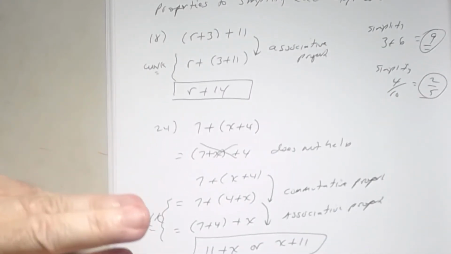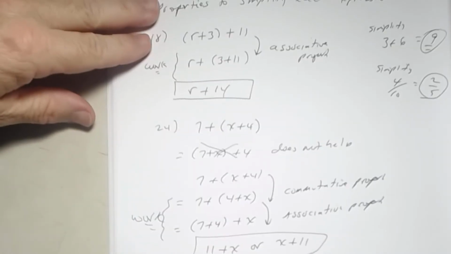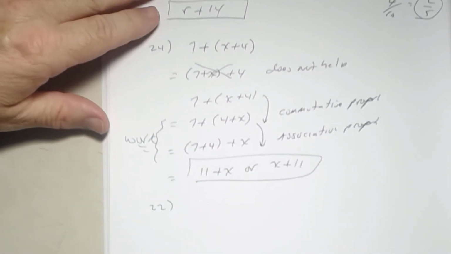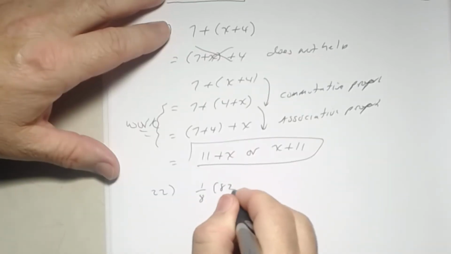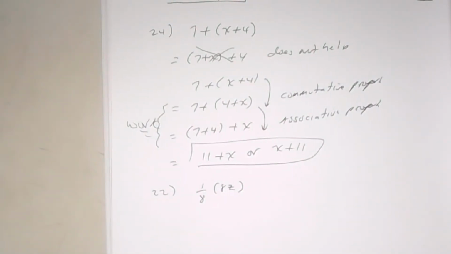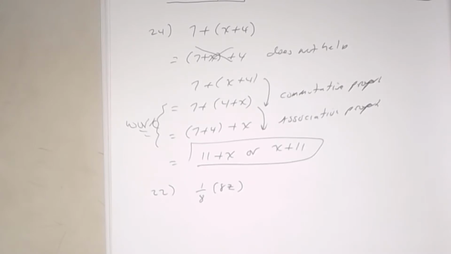All right, let's look at 22. In 22, you have 1/8 times 8z. 1/8 times 8z. What property might help right away? Oh, no, but someone said distributive property.